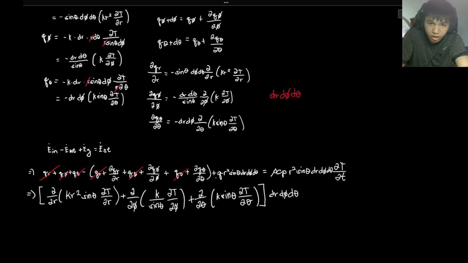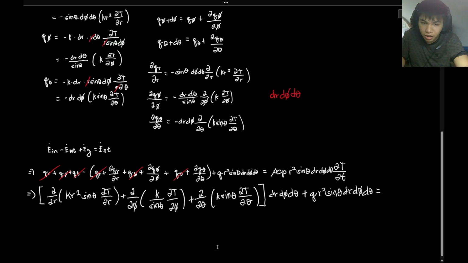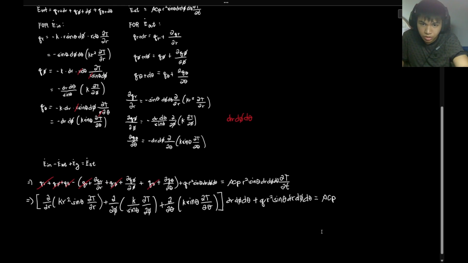So, you have our energy generated, that is Q r squared sine theta dr d phi d theta, which is equal to our energy stored, which is rho Cp and then our volume. Let's zoom it out a bit more.